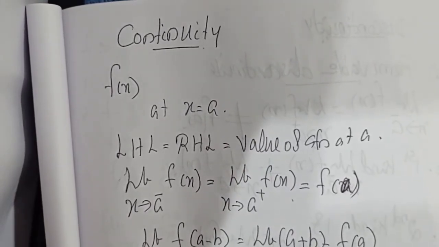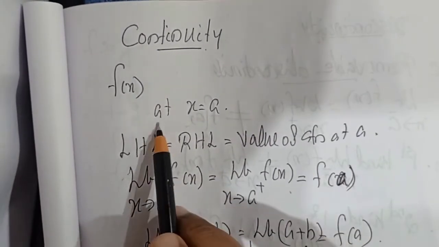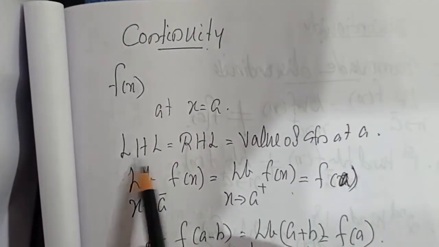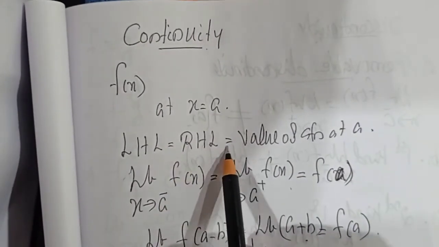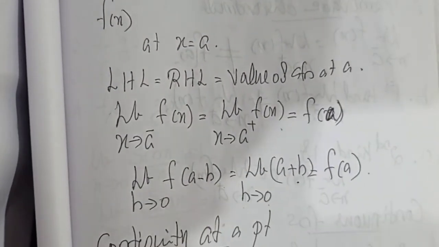Continuity means a function at x equal to a is said to be continuous if LHL equal to RHL equal to the value of the function at x equal to a.